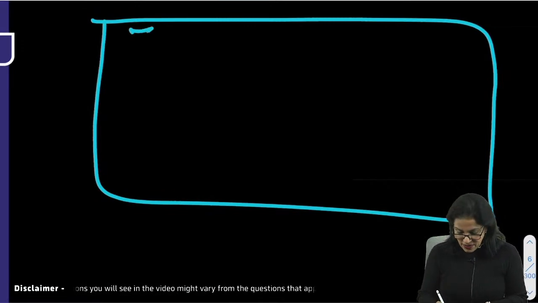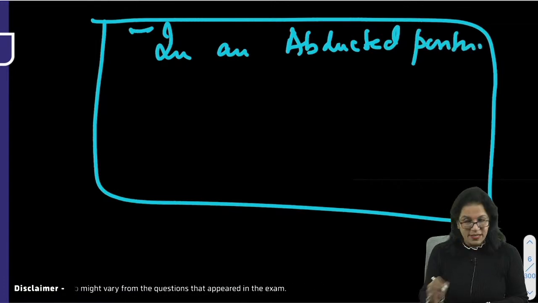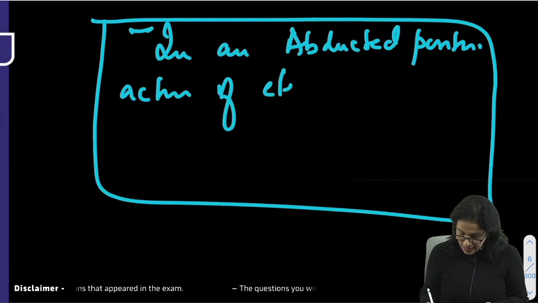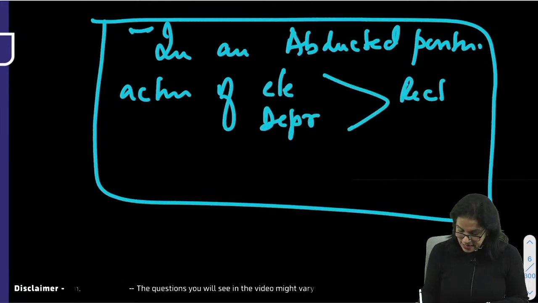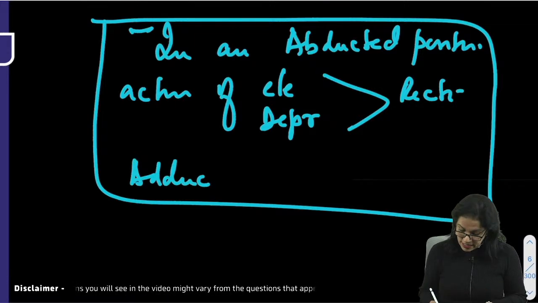So you can write down that in an abducted position, that means outward deviated position, action of elevation and depression is of recti, and vice versa. For adducted position, it will be obliques.